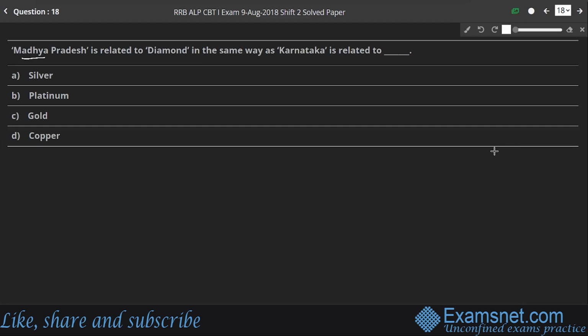Question 18. Madhya Pradesh is related to diamond in the same way as Karnataka is related to what. Here, students, Madhya Pradesh is the largest and the only producer of diamond in India.